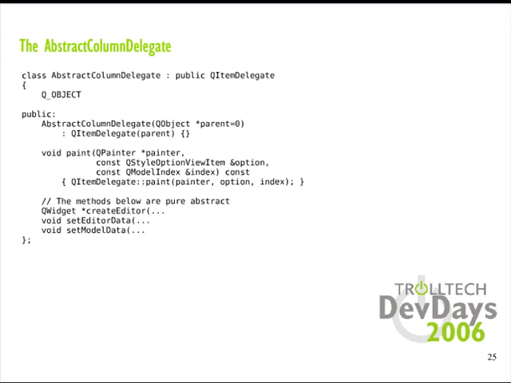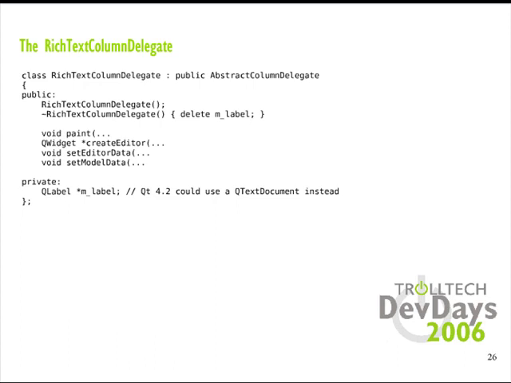So an abstract column delegate is so far no different from what we've seen before. And if we look at the code, I'm going to show you the code for one particular one, because obviously I could show you the code for an integer one, a double, a date one, and so forth. But they're all structurally the same. So I don't think there's value in showing you multiple versions of the same thing. So I'm just going to focus on one.